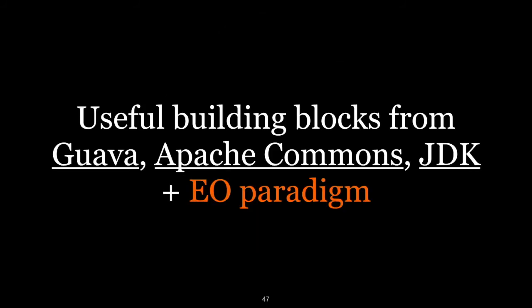But basically what it is, you take the useful building blocks from Guava, Apache Commons and the JDK that a lot of Java developers typically use, and you apply to those building blocks the Elegant Objects paradigm.